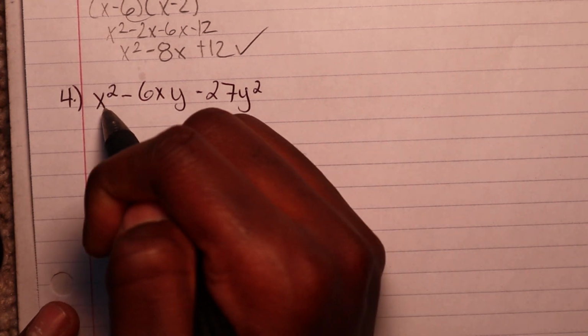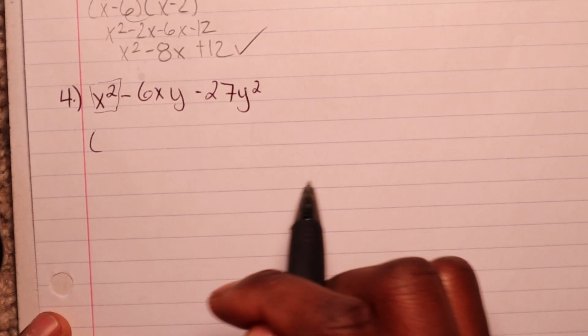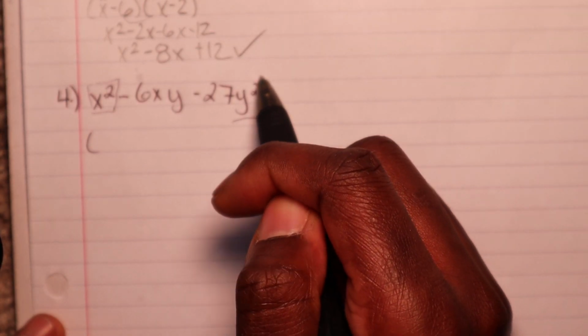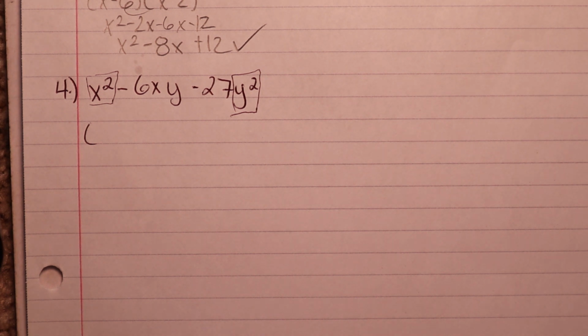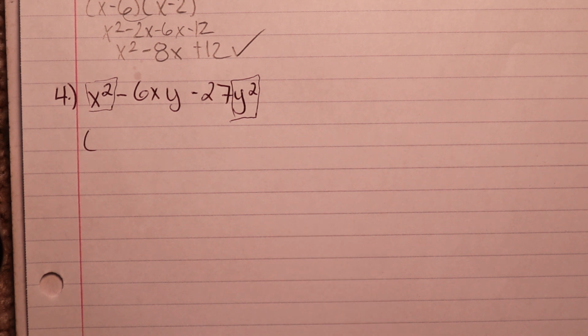So if we look at this right here, see that there's an x squared. Okay, if you look at this down here, we see that there's a y squared. So in order to solve that, like I said, same rule applies. Like pretty much everything, x times x will give you x squared, and y times y will give you y squared.